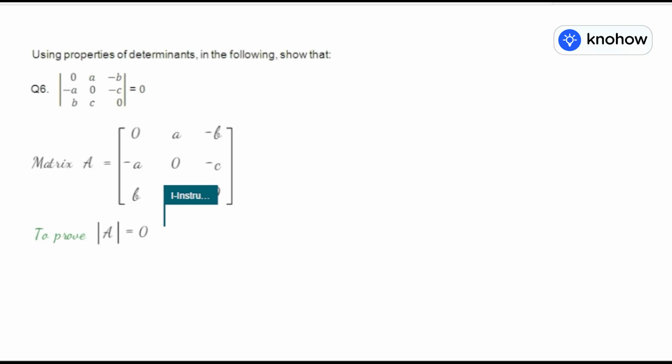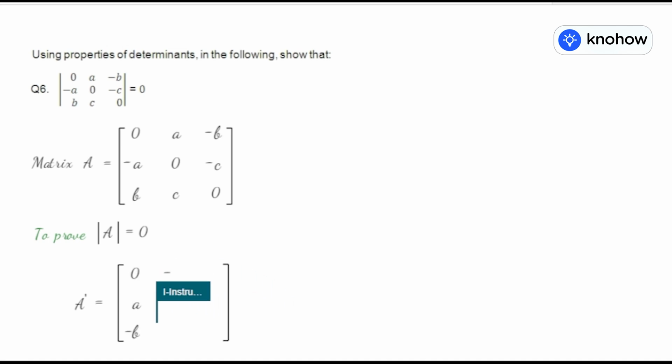Now just observe this matrix very carefully and tell me what is the transpose of it. By the way, how do you get the transpose of a matrix? Interchange the rows and columns. So write the elements of the first row, 0, C, minus B, in the first column, minus C, 0, A in the second column, and B, minus A, 0 in the third column.